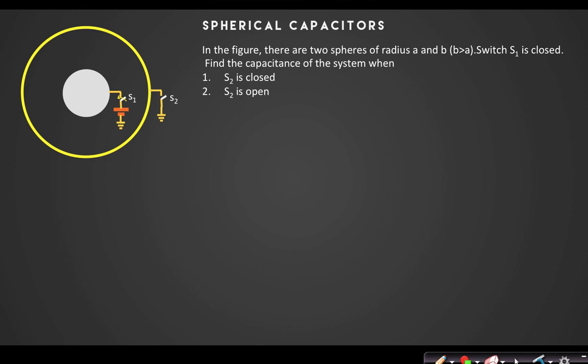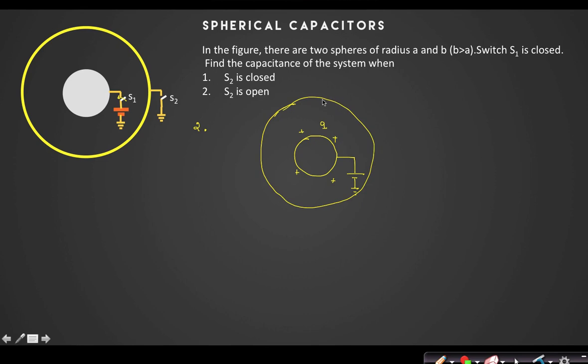Look now, in question number 2, my circuit is like this. This is a sphere. Suppose I have a charge plus Q on it. Then on the outer sphere, it is not connected with ground.